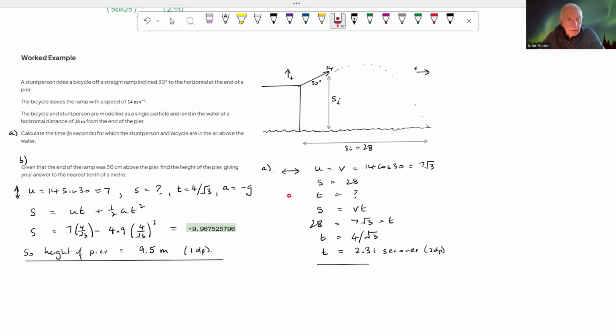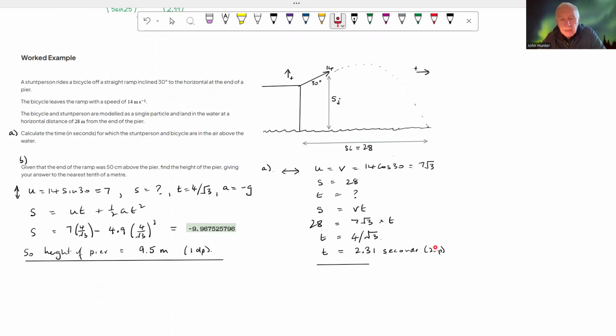We don't know the time. That's basically what we're being asked. So we're applying this SUVAT equation here, which is like a simplified version of s equals ut plus half at squared, with acceleration 0. From that, we can work out that t is equal to 4 over root 3, which is 2.31 seconds to 2 decimal places.